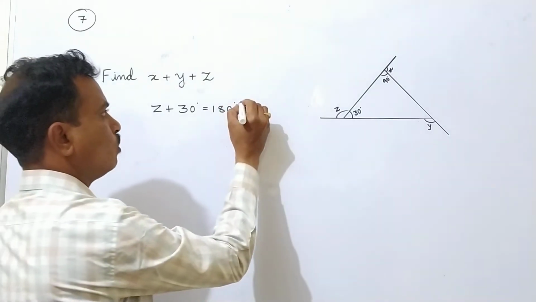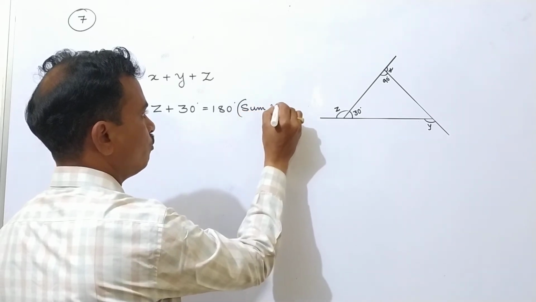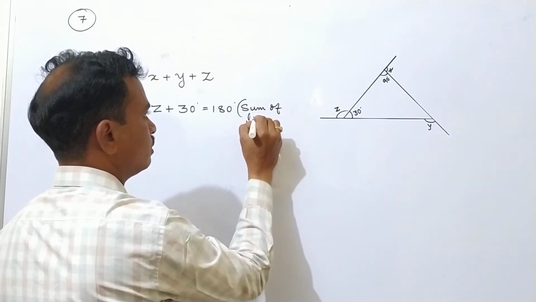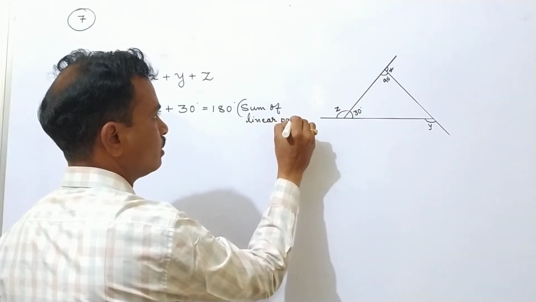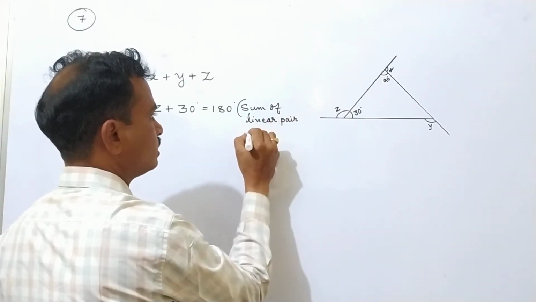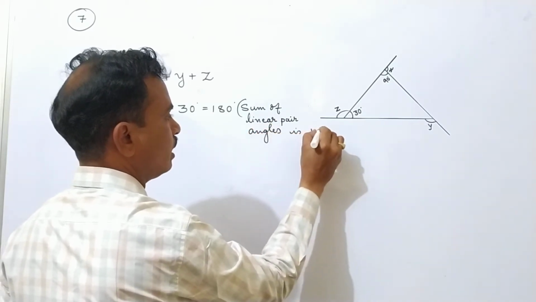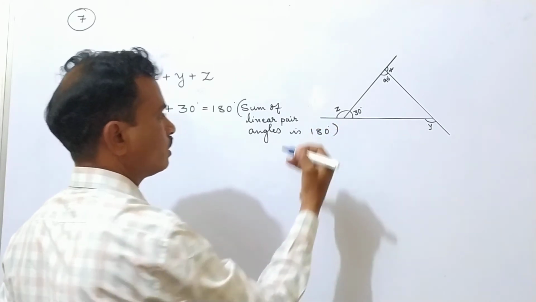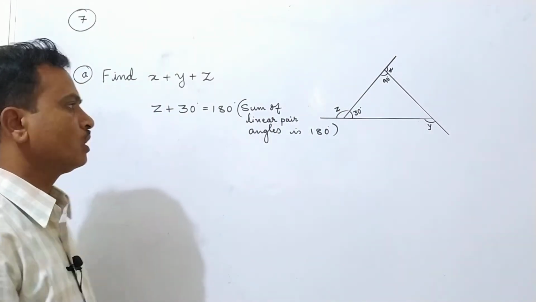Reason: sum of linear pair angles is 180 degree.